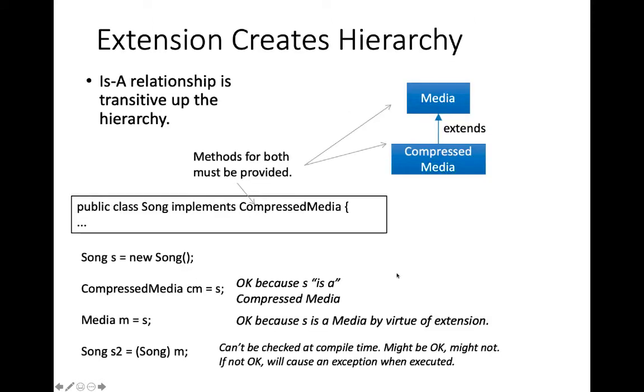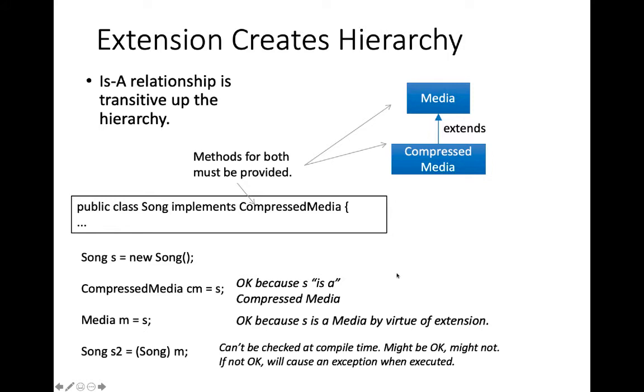So that kind of extension starts to create a hierarchy. If CompressedMedia extends Media, then everything that is a CompressedMedia also is a Media, and we can think about is-a relationships up that hierarchy. So if I have a Song that implements CompressedMedia, that Song object also needs to implement all of the Media stuff, because CompressedMedia is an extension of Media.